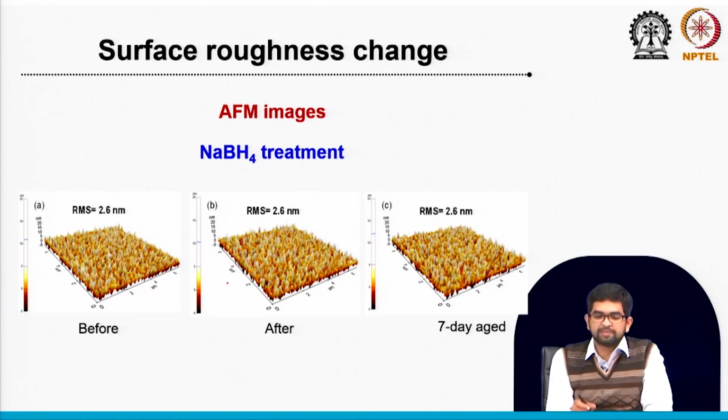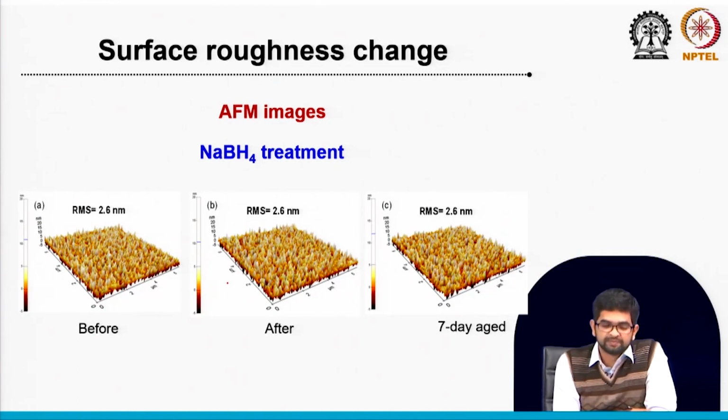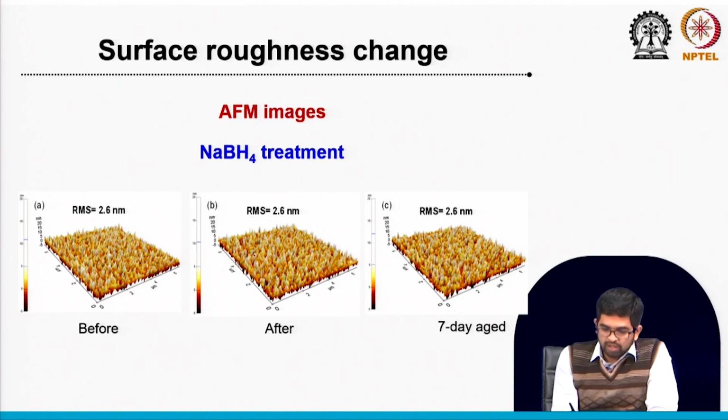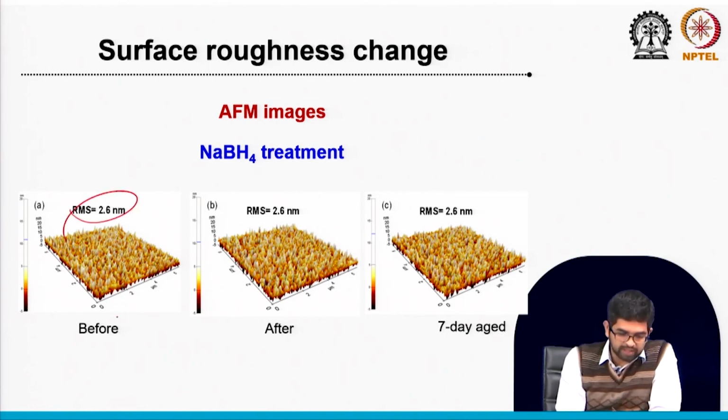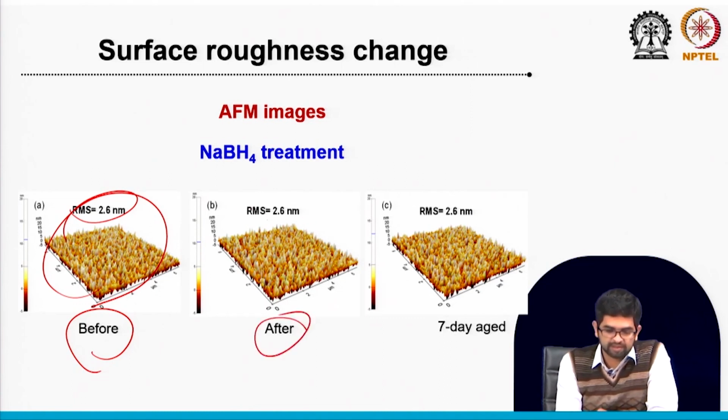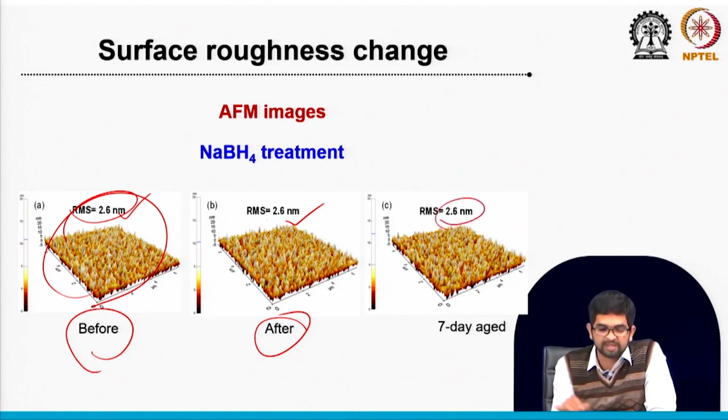Now let us see the surface roughness change. Maybe after storage for a long time, around 1 week or maybe 1 month, we may see some change in the surface roughness. You can see the RMS value again. This is the gold electrode surface before treatment, then after treatment, 2.6 nanometer, 2.6 nanometer, and again after 7 days almost 2.6 nanometer on the same surface.